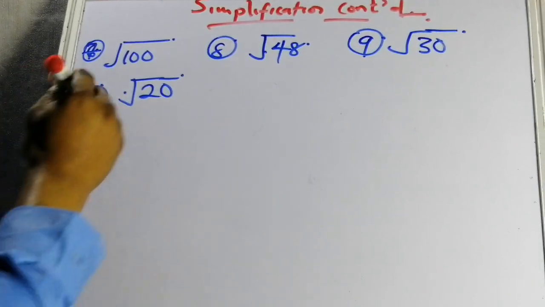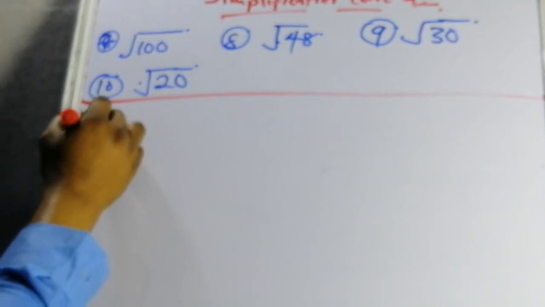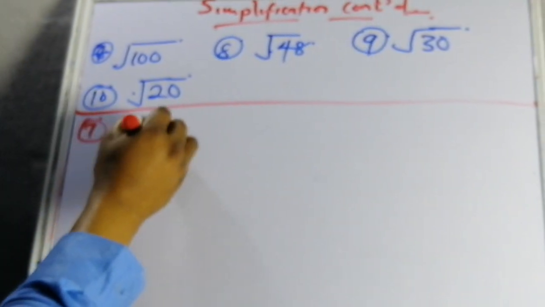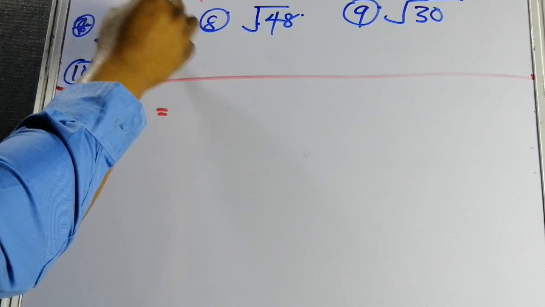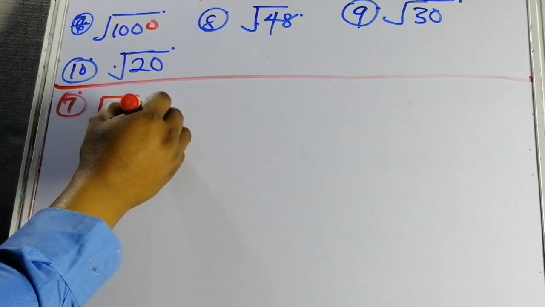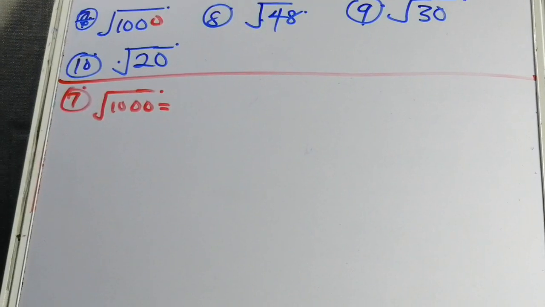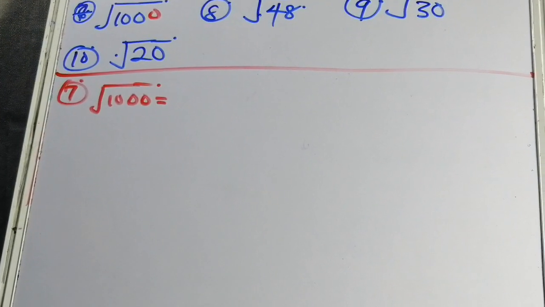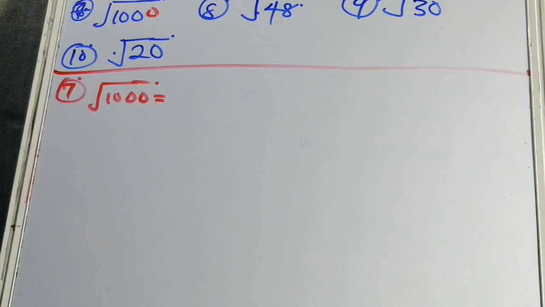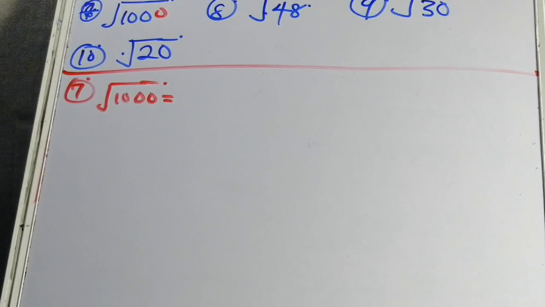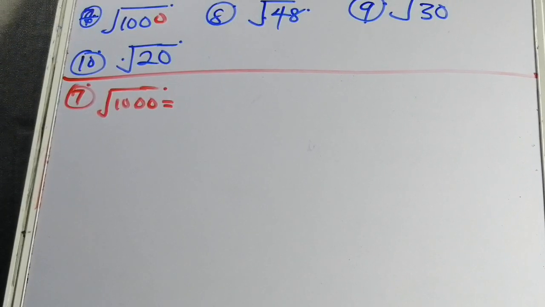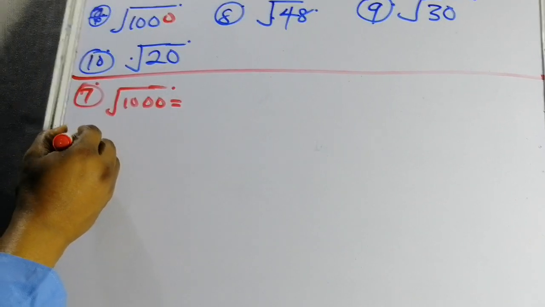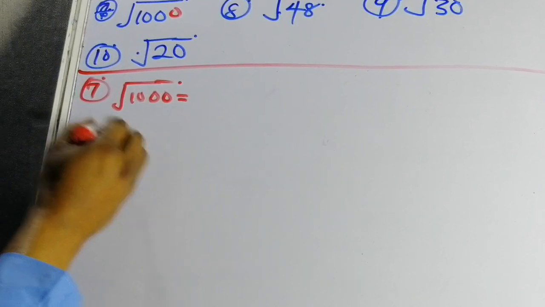So let's just pick the first one. It's very simple, we don't need to waste much time on this. For root 1000, we've done 100 before, so 1000. What can go in 1000? For me, since I know that 25 can go in 100 four times, for the first 100, 25 can go there 4 times.